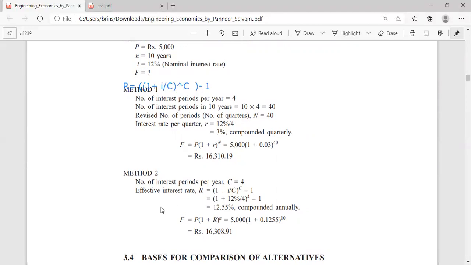And again you can use it for finding the effective interest rate, right? Both methods will be almost the same, with only very minimal differences.